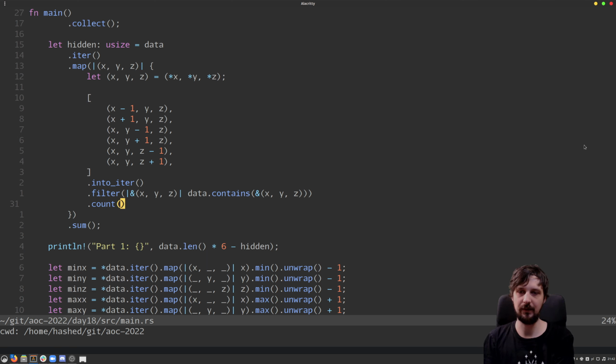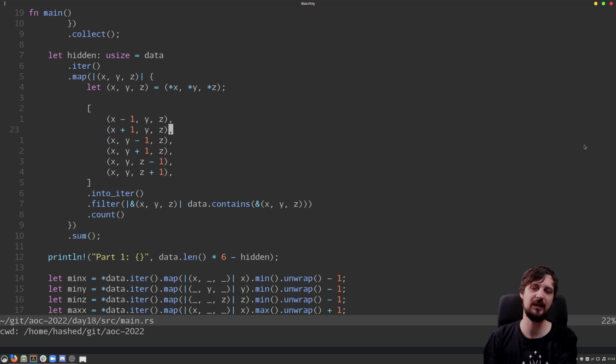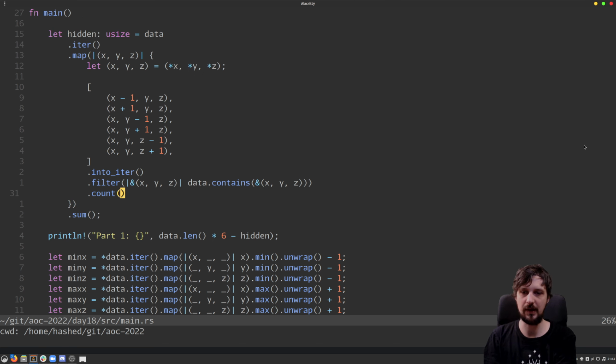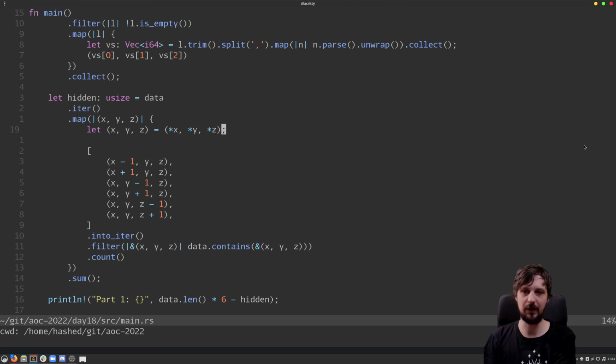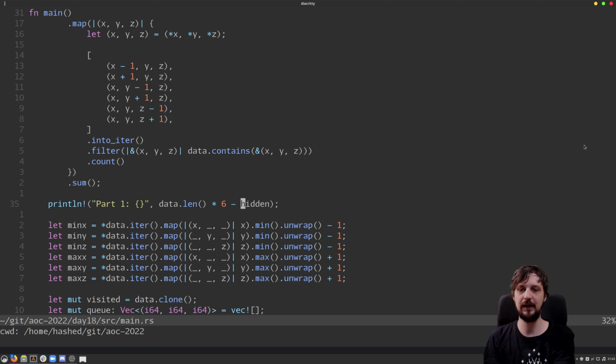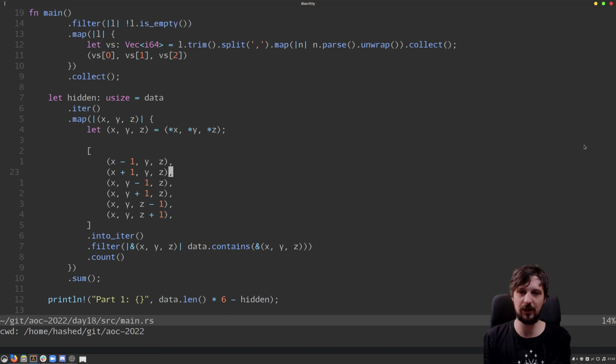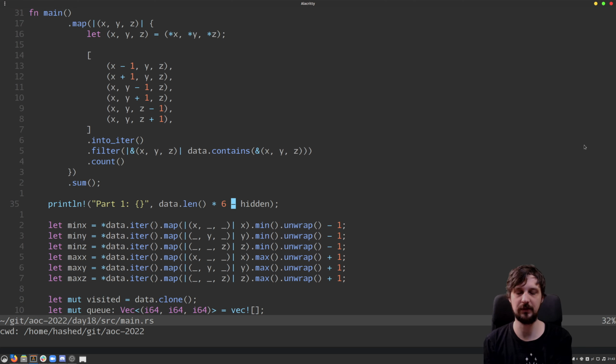Then I just count how many neighbors I have. So for every cube, I map it to how many neighbors it has, and then I sum it, and then I calculate my data length times 6. So total faces minus hidden, not twice, because every face would be detected for both neighbors, so it's already times 2 here. So I just subtract hidden, and this is the whole solution for part 1.